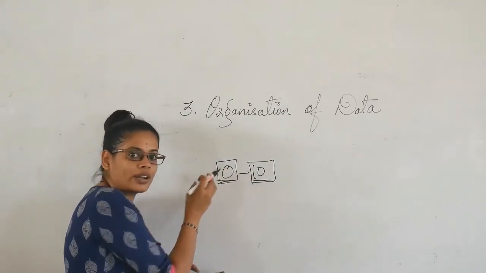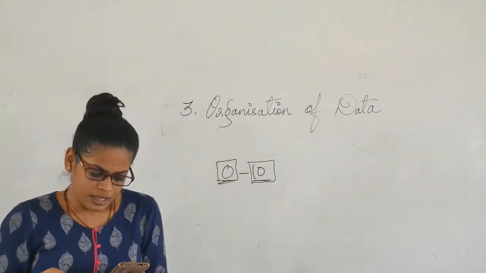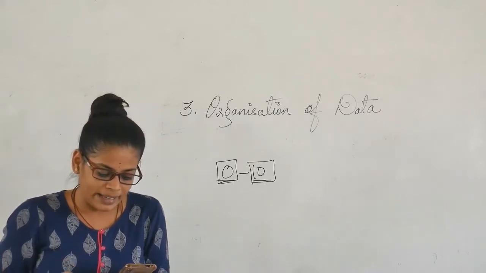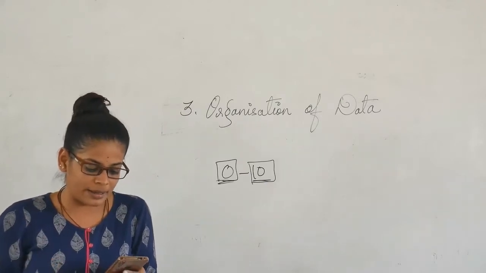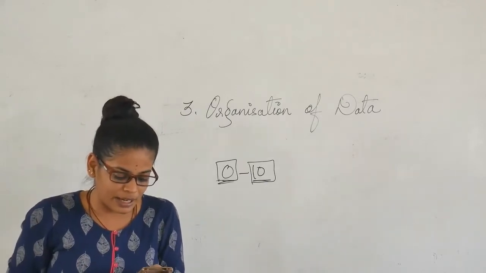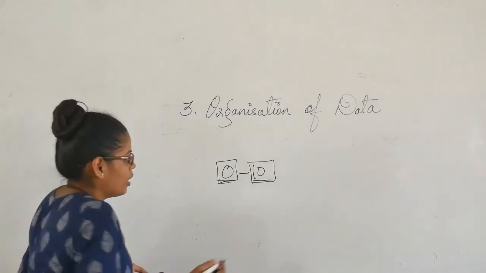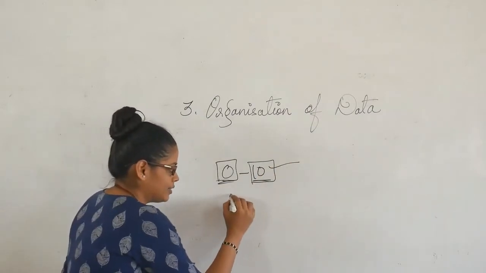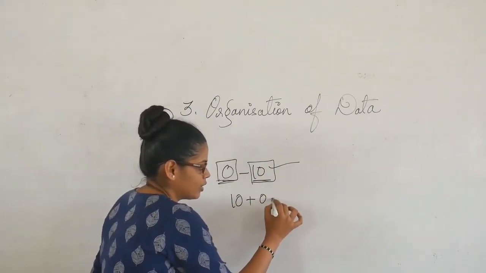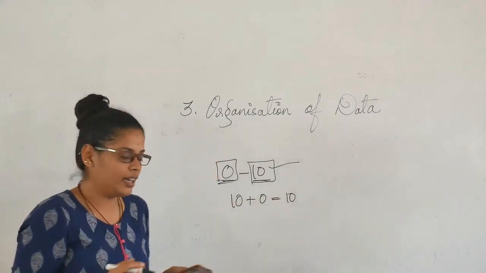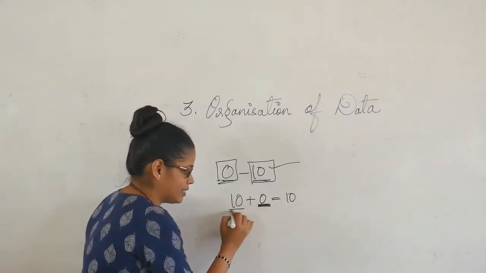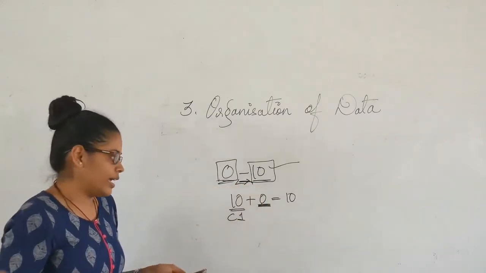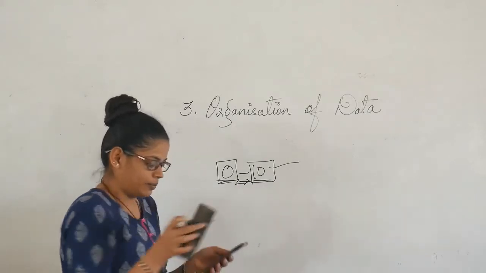The upper class limit of the first class, 0 to 10, is obtained by adding the class interval to the lower class limit. Thus the upper class limit of the first class becomes 0 plus 10, which is equal to 10. So this is the lower class limit and this is the class interval, which is the gap between these two numbers. That's how we calculated the upper class limit.